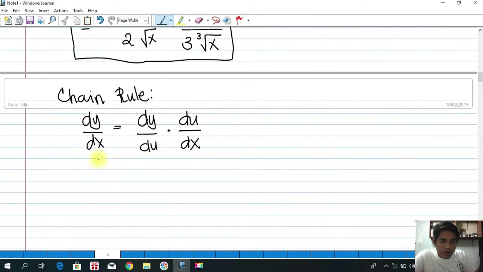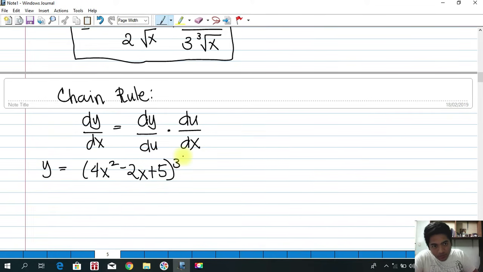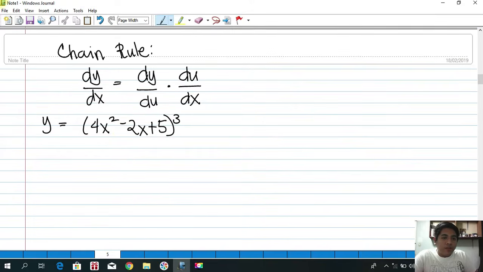So how does that work? For example, we have a function that is actually equal to 4x squared minus 2x plus 5 raised to 3. We have to identify in this function what is the u, and we shall get the derivative of that u with respect to x. And of course, our y is actually this function. So to find u, always look for the inside.